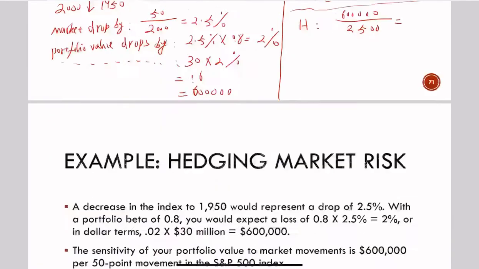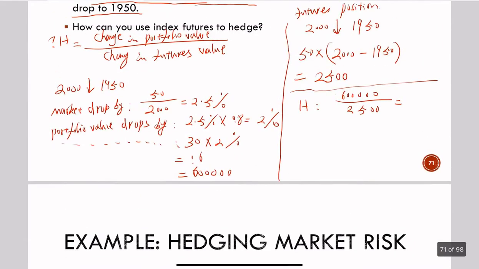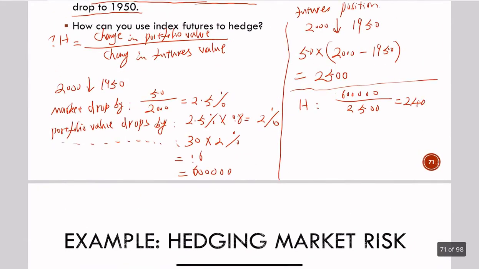So this gives you 240 contracts, right? So you should take a short position in 240 contracts.